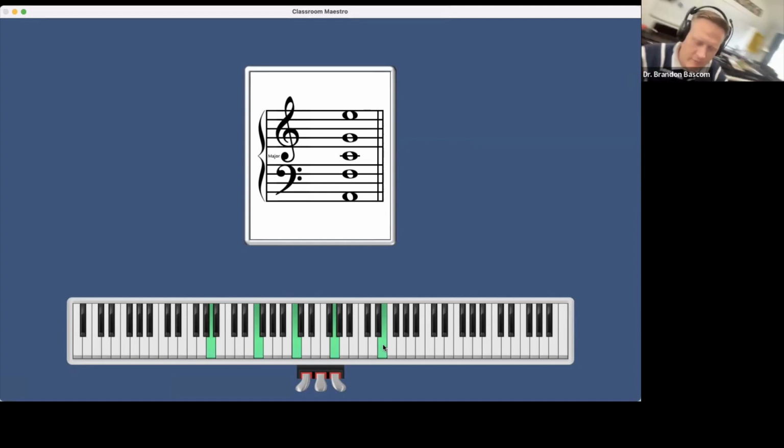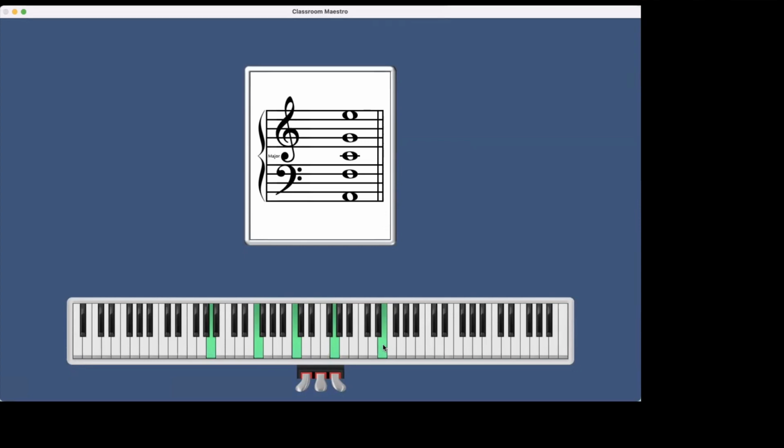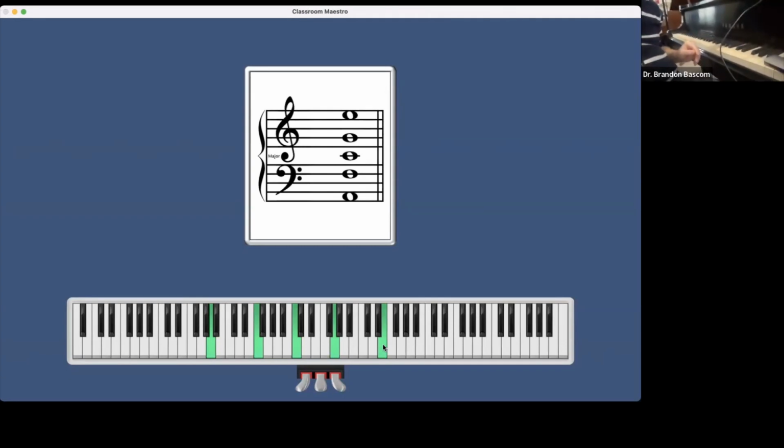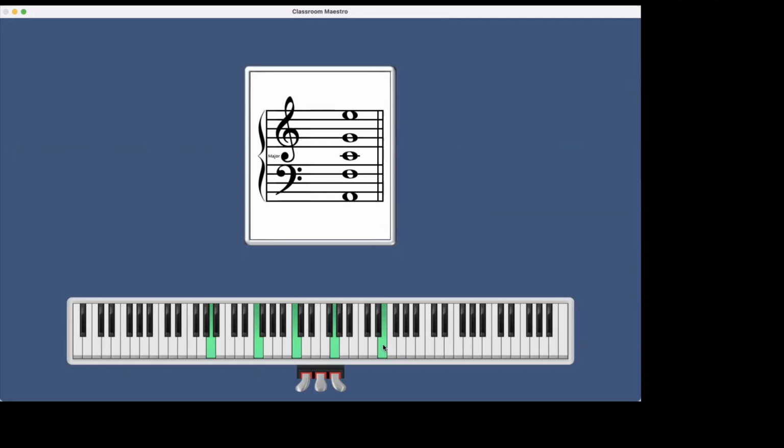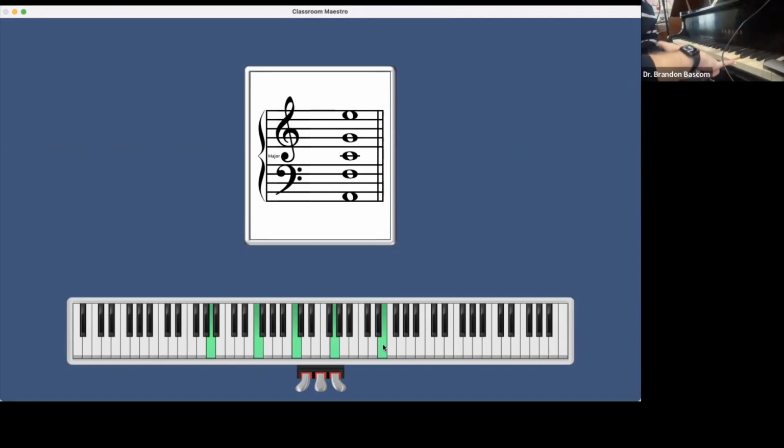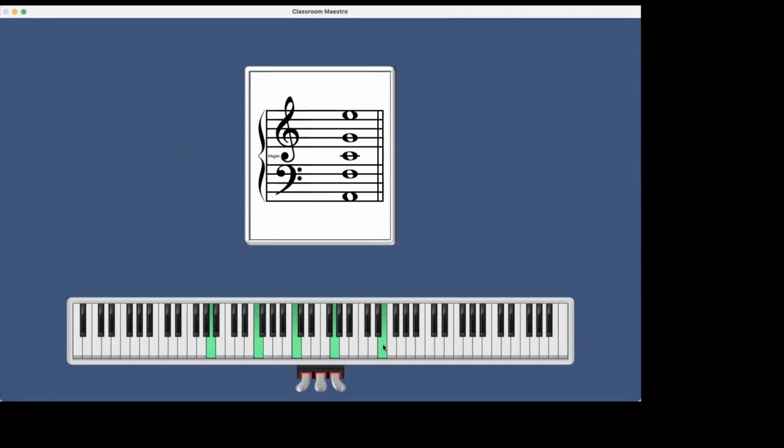I'm going to move my computer so you can see me do it. I went 1, 2, 3, 4, 5, and then put your thumbs under your pinkies. 1, 2, 3, 4, 5. And then we're going to do it one more time. 1, 2, 3, 4, 5. Does that make sense? Yeah.